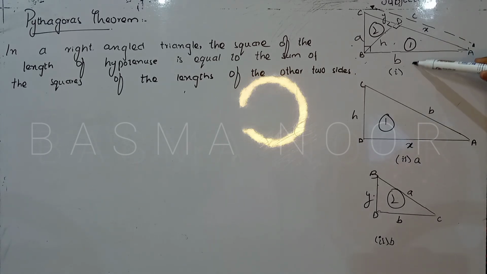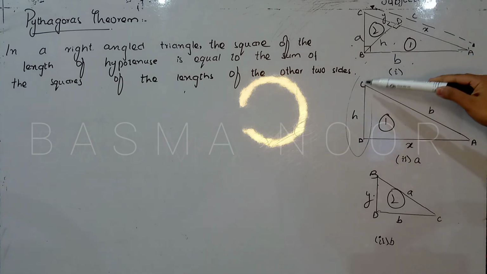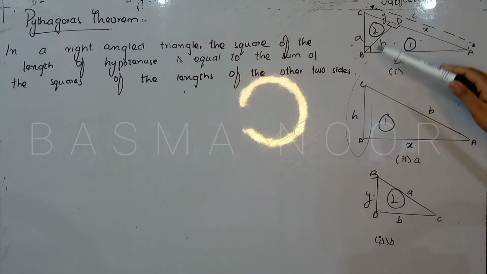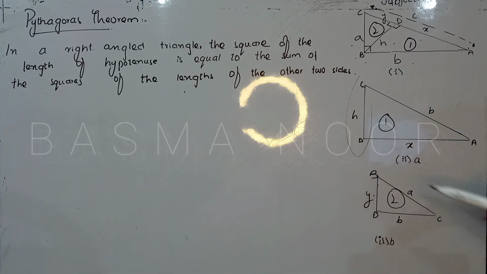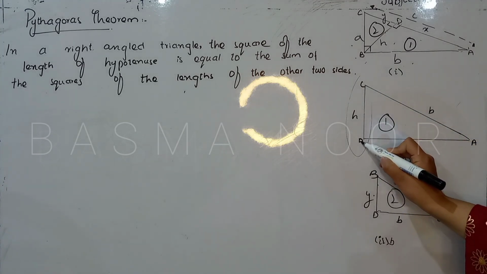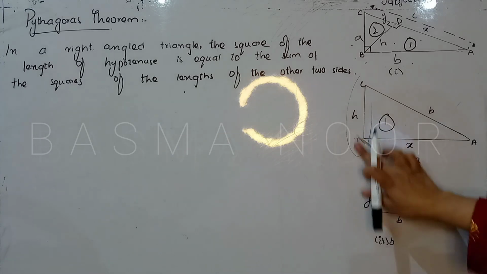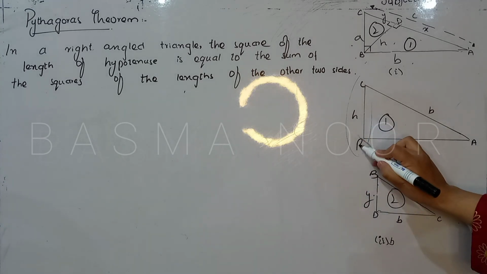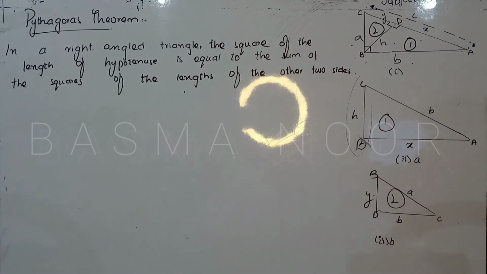ABC, and this is the small triangle. This is one and this is the second triangle. So hope you understood about this.